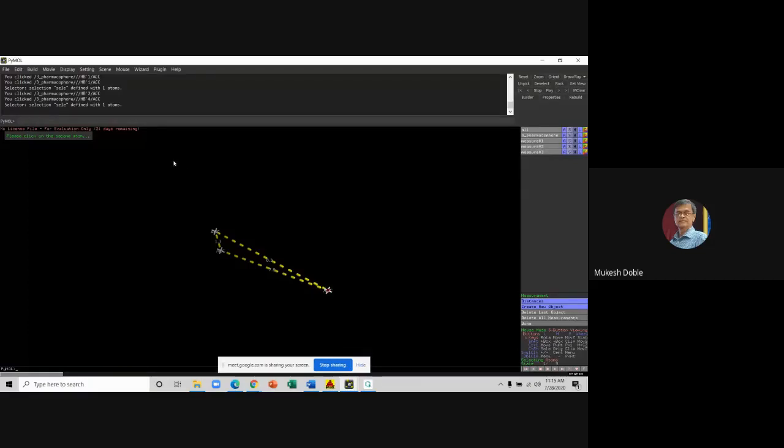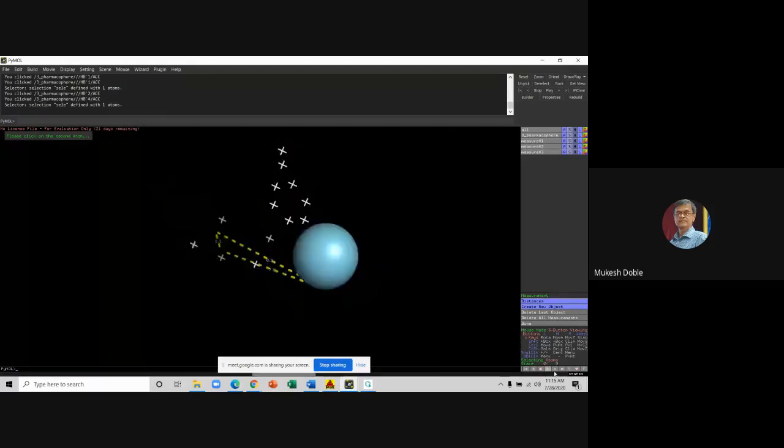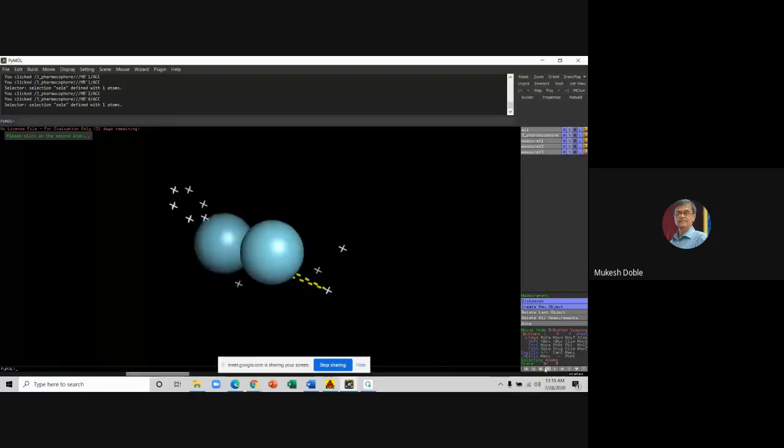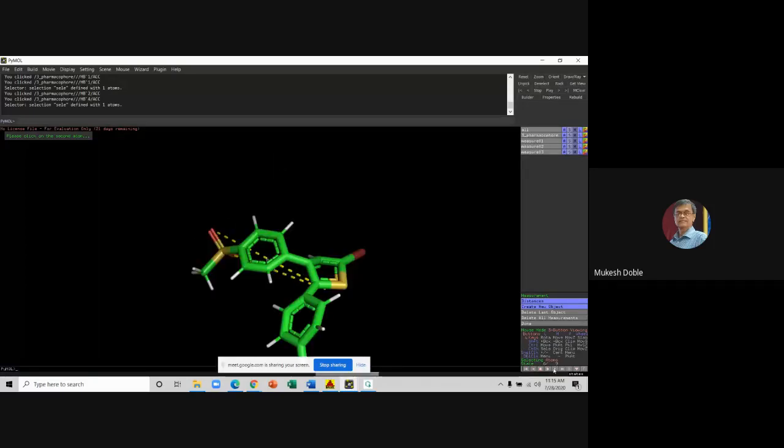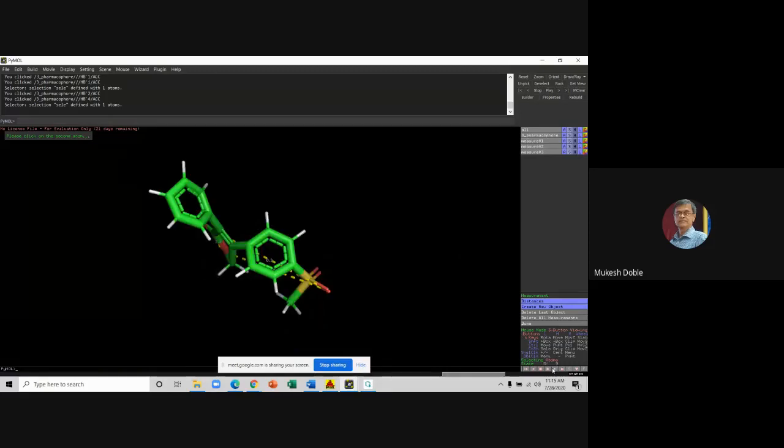Now we can also superimpose those four molecules on top of this and see how they look. Each of those four molecules we can superimpose, and we can identify what those acceptors mean, which atom in the structure is giving us the acceptor. So you can see the other molecule. That red color is oxygen.